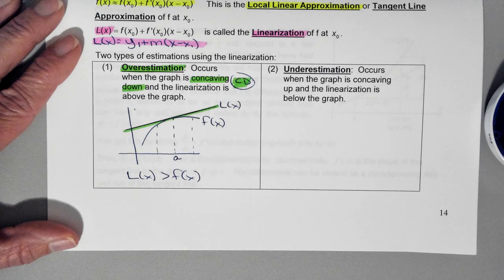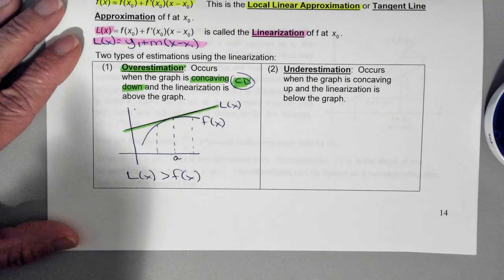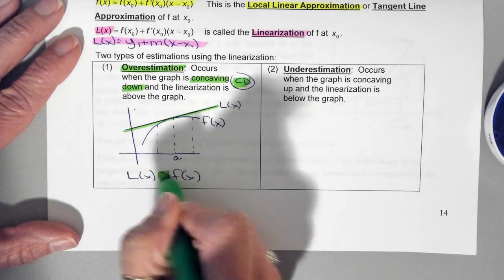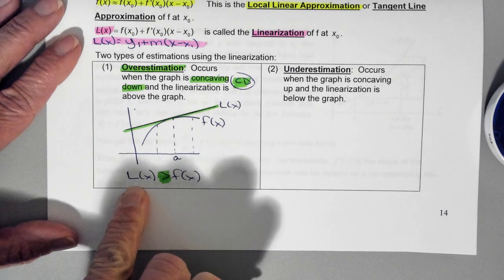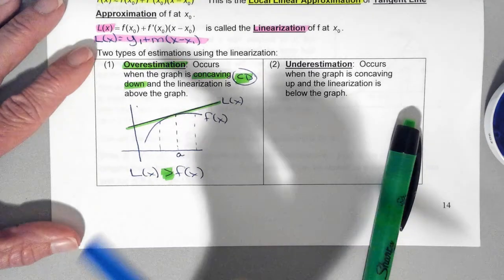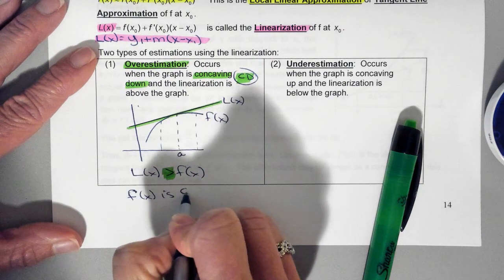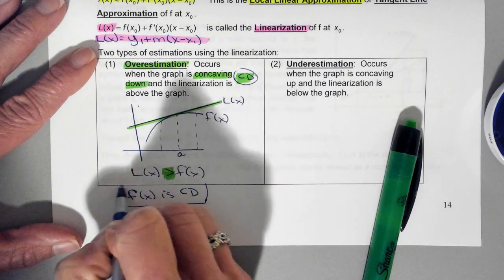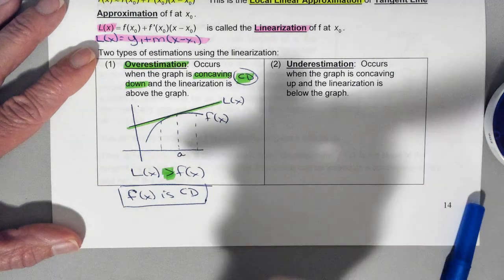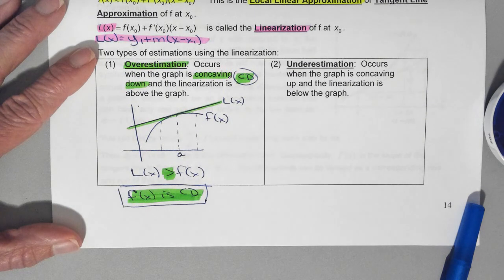So we are using an over approximation to say this is what this value is equal to. Does everyone understand what I'm talking about? So this will happen when L of x, meaning your linear equation, is above f of x, and the reason is because f of x is concave down. If you were asked to justify your answer, this is the justification.